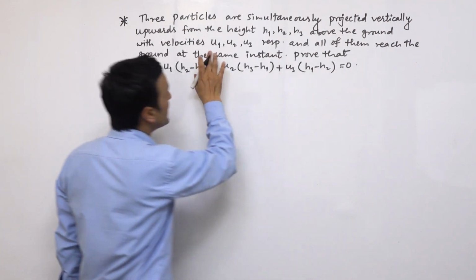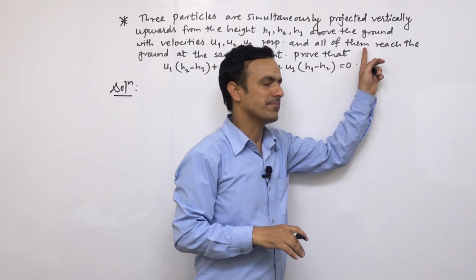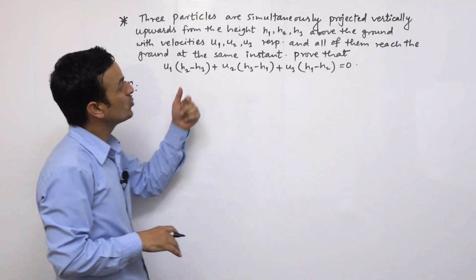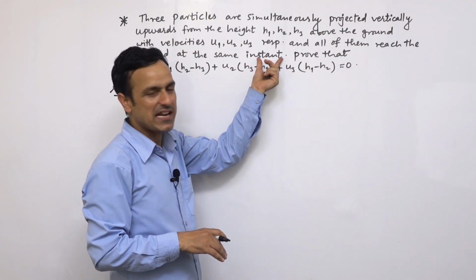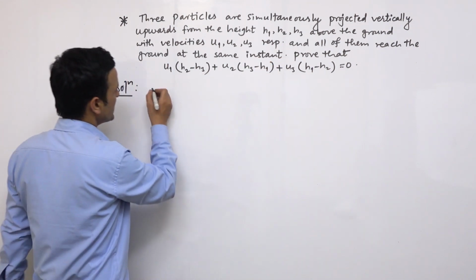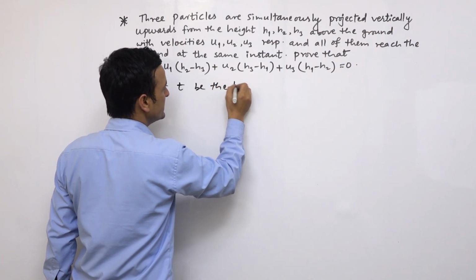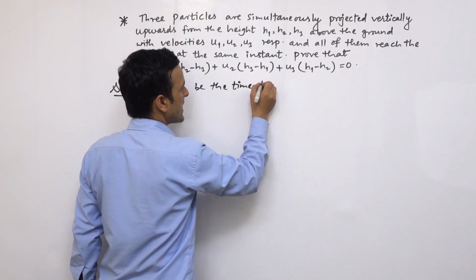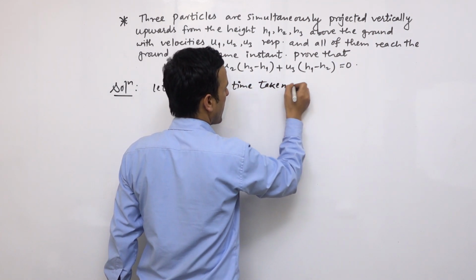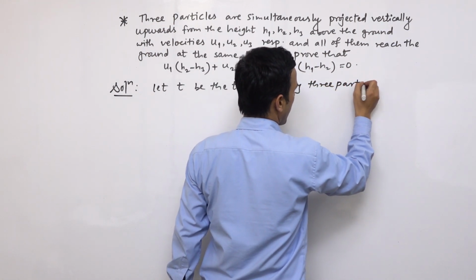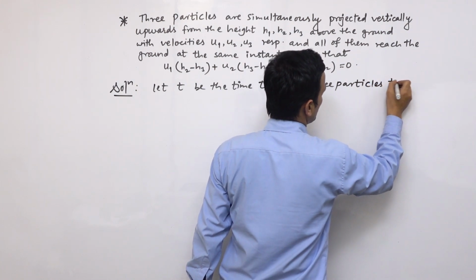So same time, according to the question, the time taken by all particles to reach the ground is t. So let t be the time taken by 3 particles to reach the ground.